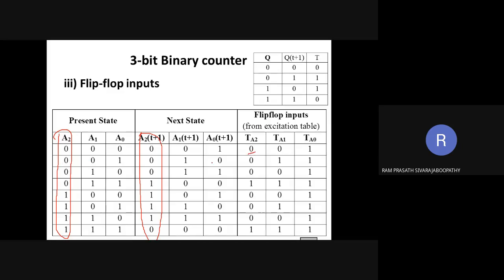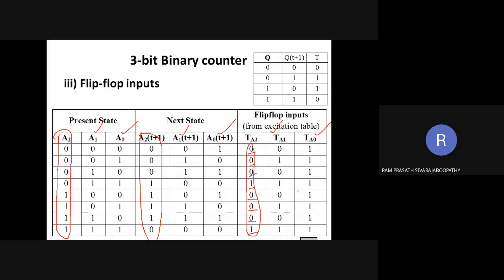Like that we have written 00 means again 0, 00 0, 01 1, 11 0, 11 0, 110, 101. So like that I have written for TA2. Similarly you have to do with A1 and A1 of T plus 1 for TA1, A0 and A0 of T plus 1 for TA0. Like that we have to do.